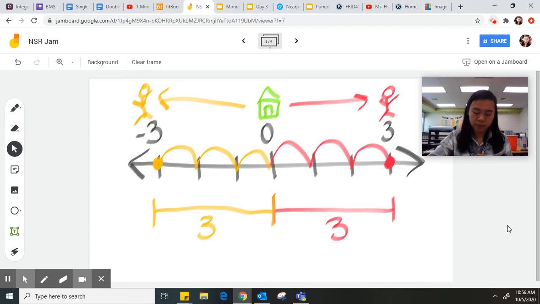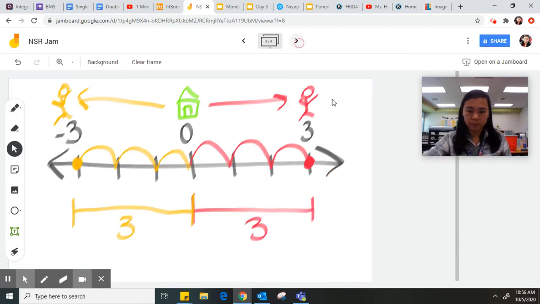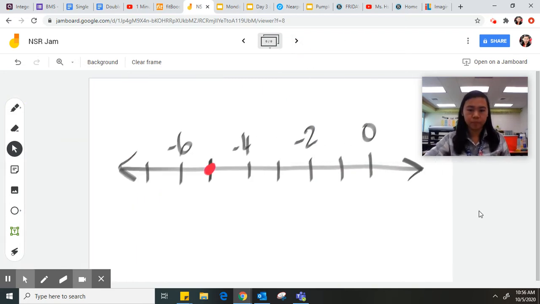All right, so let's look at another example here. Now we're looking at all these negative sides of a number line, but same deal. What is the absolute value of this red point? Well, we could fill in this number line here and figure out what that integer is. So we got -1, -2, -3, -4, -5, -6, -7. So I know that red point is at -5. What is the absolute value of -5?